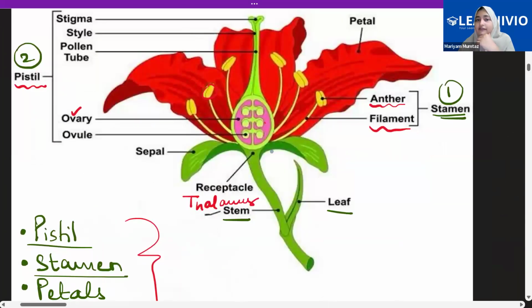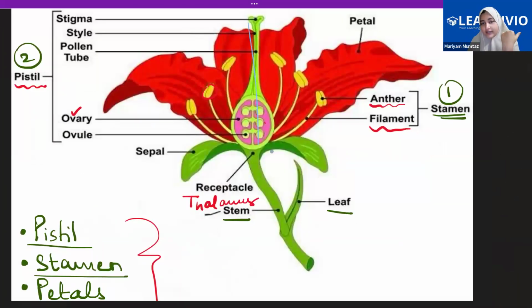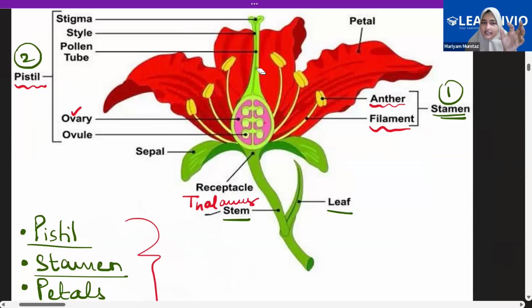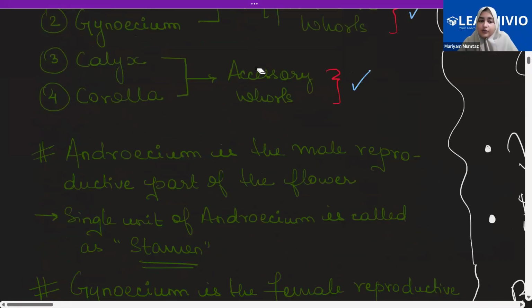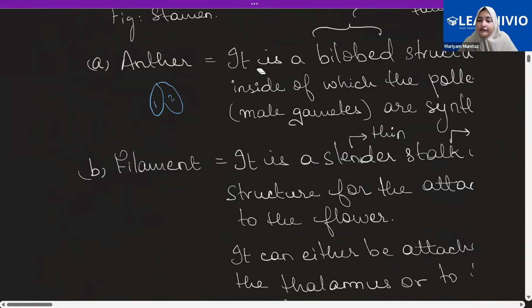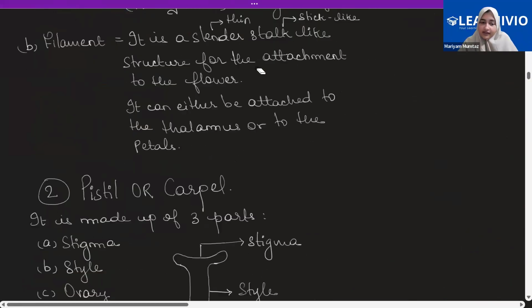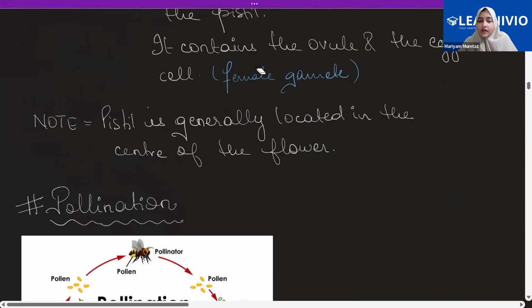One more thing, generally, if you see the location of the pistil, you would find that in a flower, usually the pistil is located right in the middle. So it is central in position whenever it is present in a flower, and the other parts such as the stamen are then beside it. So these are the two main parts of the female and the male reproductive systems of the flower.